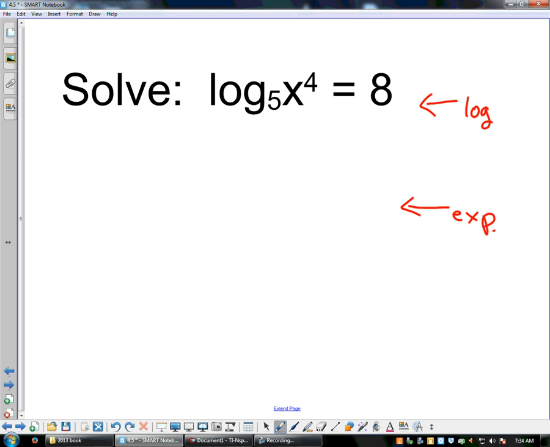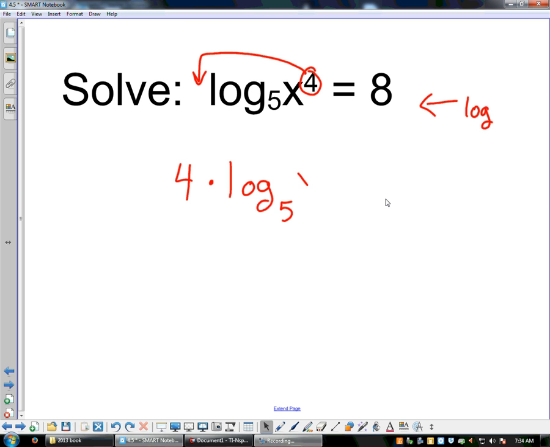Just one thing first, before we do that though, remember our properties of logarithms, we can bring this exponent down and put it in the front. So we really can write this as 4 times log to the base 5 of x equals 8.